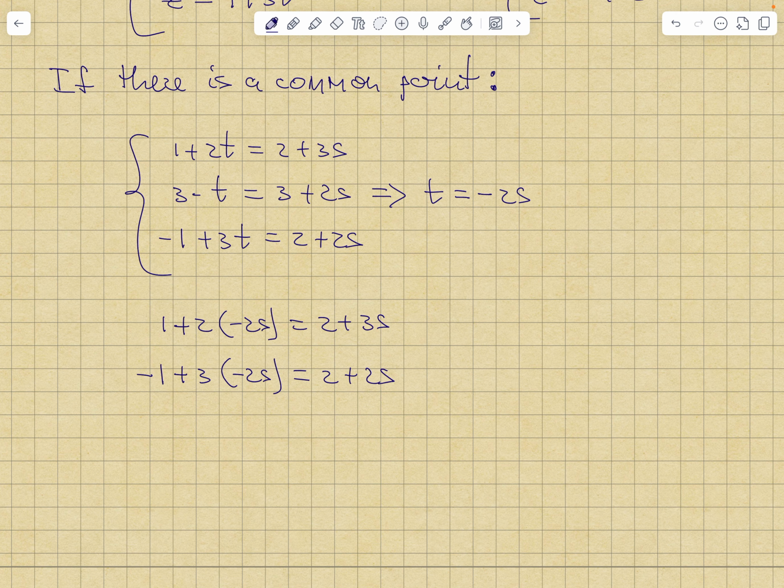So from the first equation we have 1 minus 4s is equal to 2 plus 3s, and from the third equation minus 1 minus 6s is 2 plus 2s.